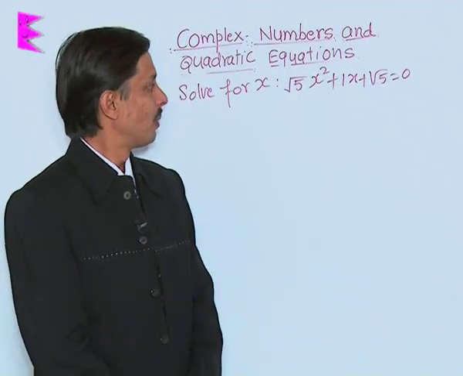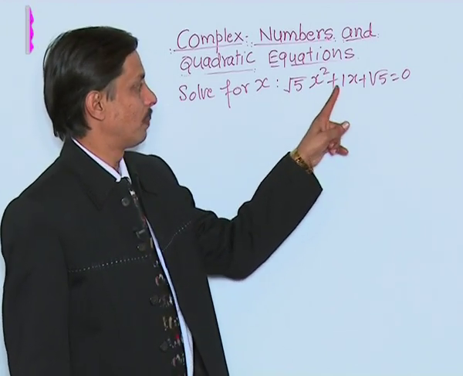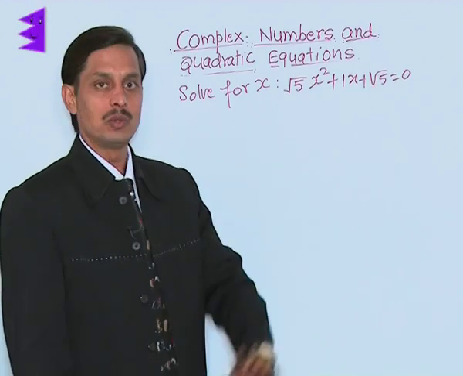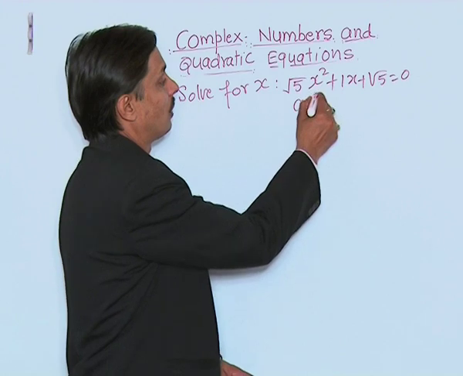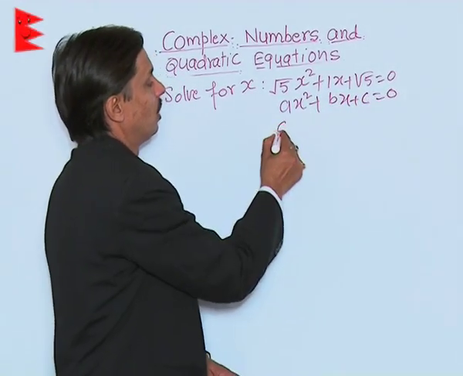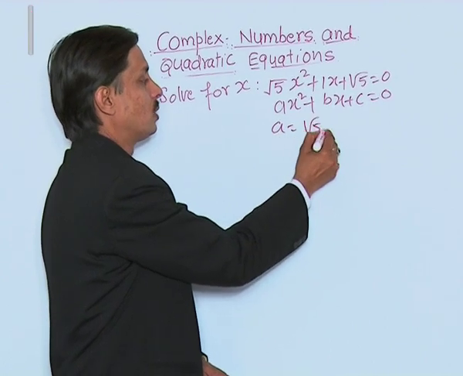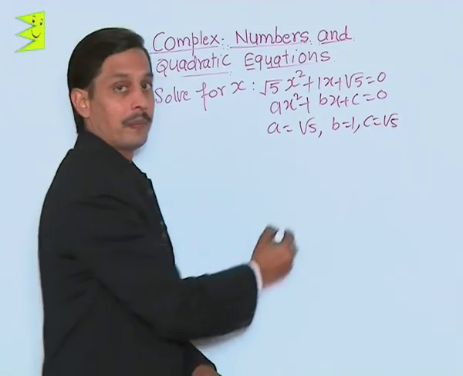Now one more problem related to quadratic equations: solve for x, root 5 x square plus 1x plus root 5 is equal to 0. If we compare it with the standard form ax square plus bx plus c is equal to 0, we find a is root 5, b is 1 and c is root 5.